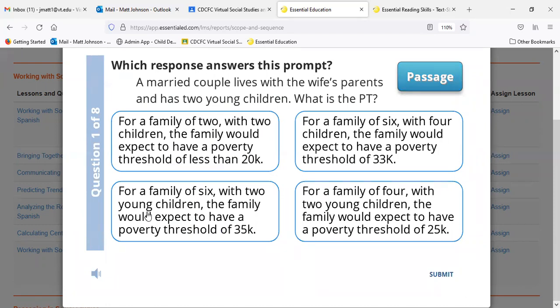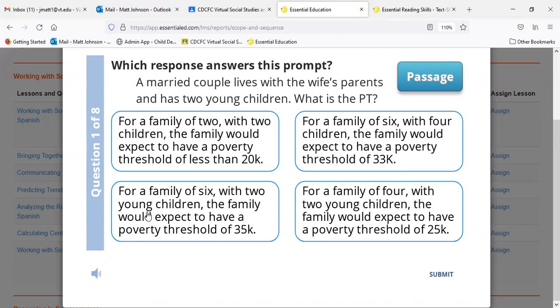So these other ones, be careful, right? Because they're not giving you the correct information. You wouldn't know the poverty threshold number, but based on the text, you know a lot of information. There's only 2 answers that's a family of 6, so you can eliminate that way.